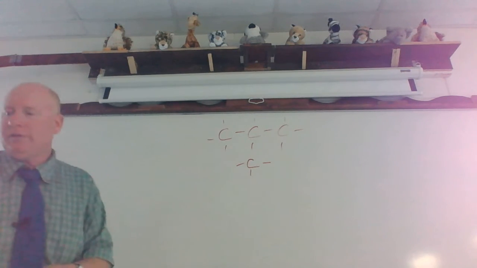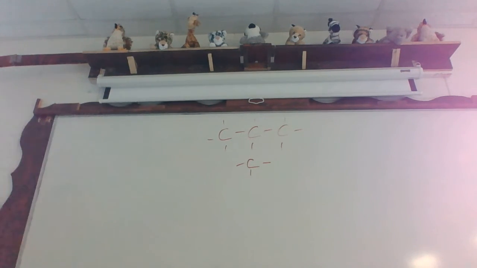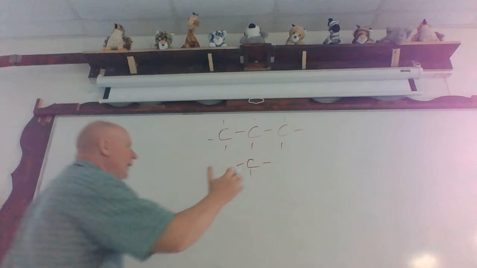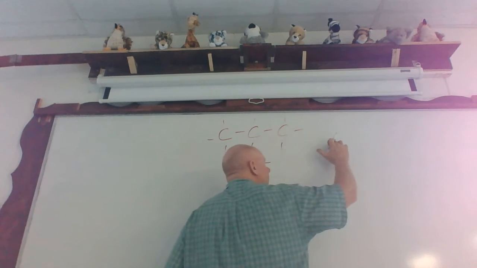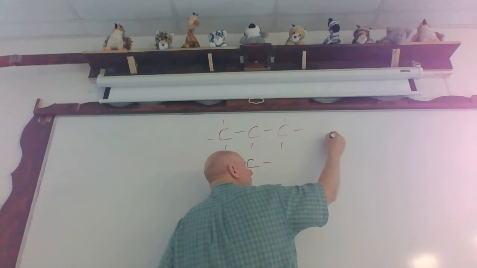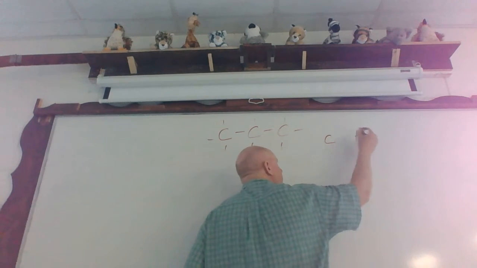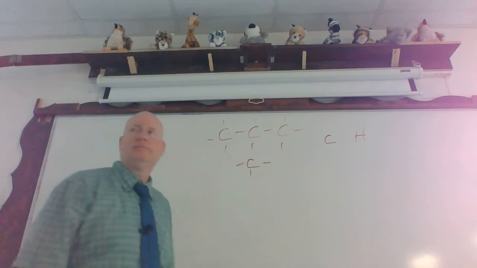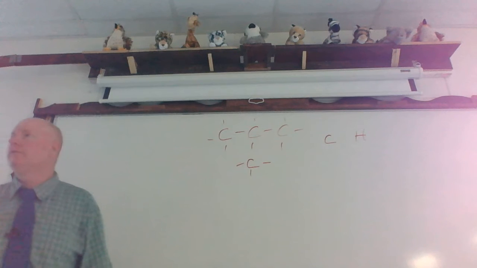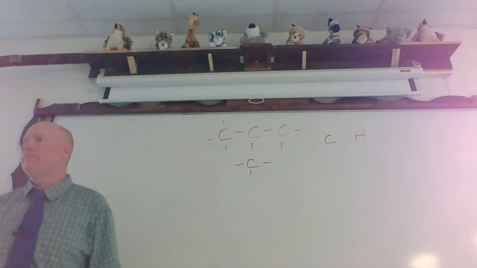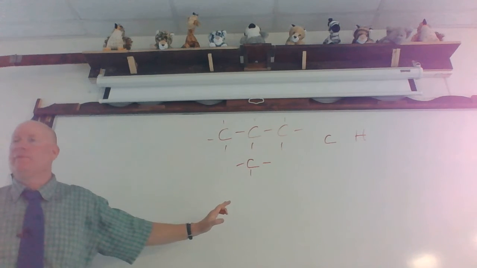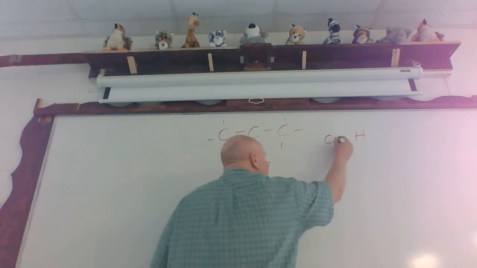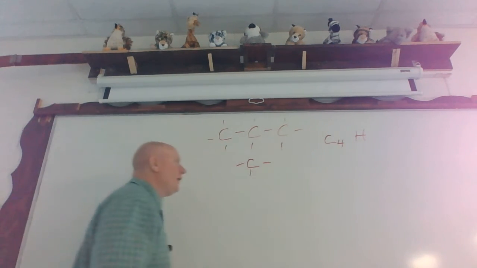Because remember, that was a straight chain of butane, C4H10, okay? So what is our molecular formula here? How many carbons are there? Total carbons. How many total carbons are there? Okay. How many total hydrogens are there?